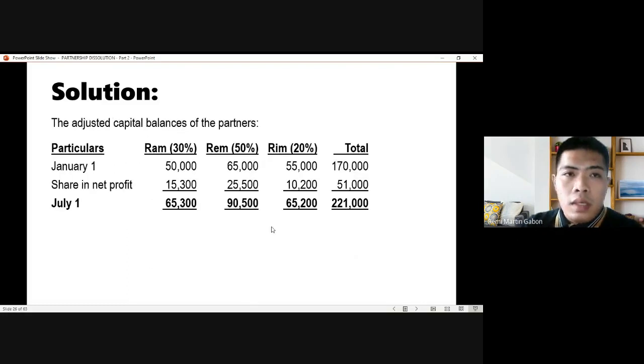Then adjust the capital balances of the partners. Only the share in the net profit will take effect in the adjustment. So for RAM, 65,300, for REM, 90,500, and for RIM, 65,200.